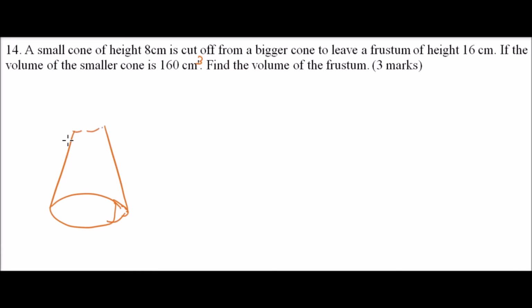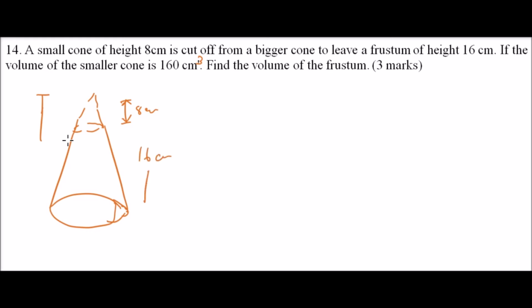The cone was cut off to leave a frustum, and we are told that the height of this cone is 8 centimeter, and the height of the frustum is 16 centimeter.